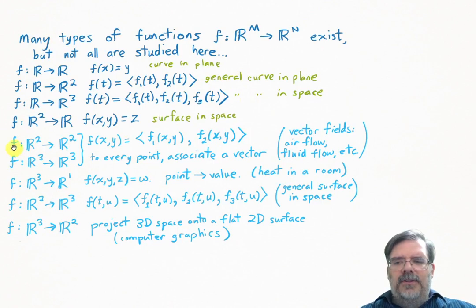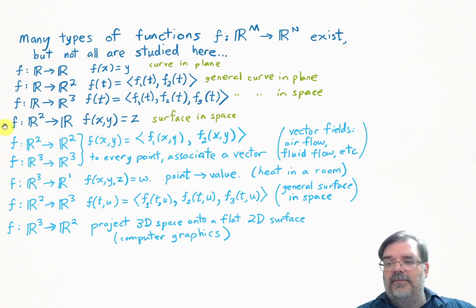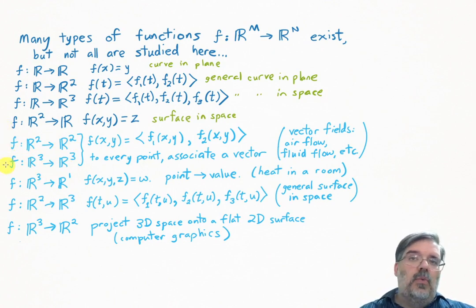There are other functions. We did talk about functions from R2 to R2 and R3 to R3, those functions which involved multiplying by a matrix. But more general functions involving operations like squaring or cubing or square roots or trigonometry, right?